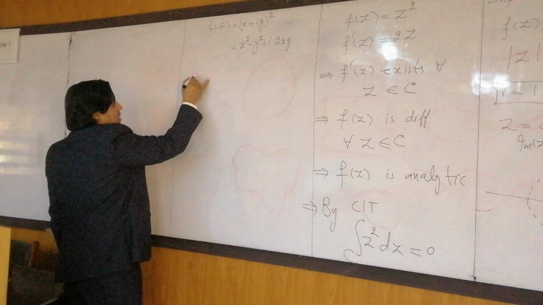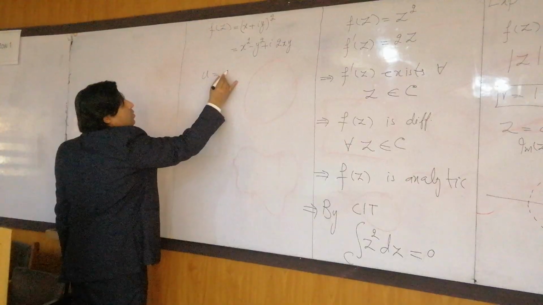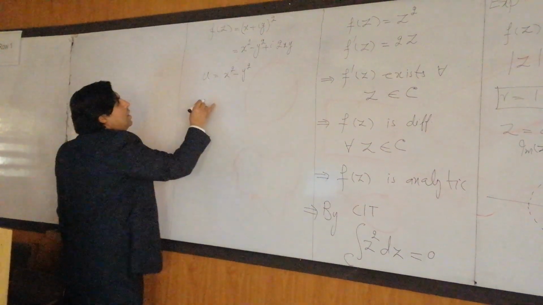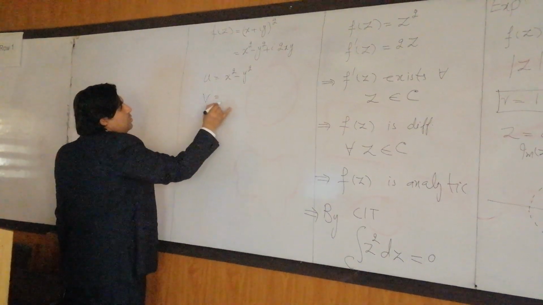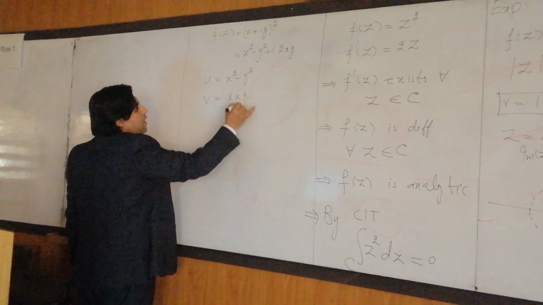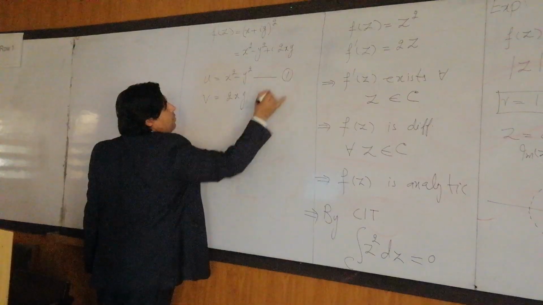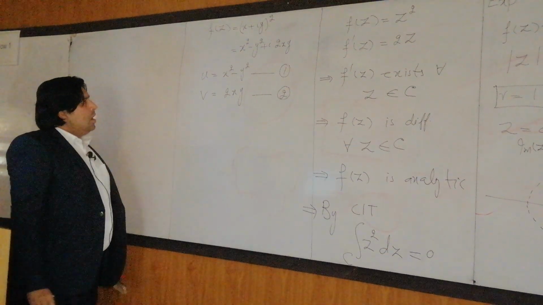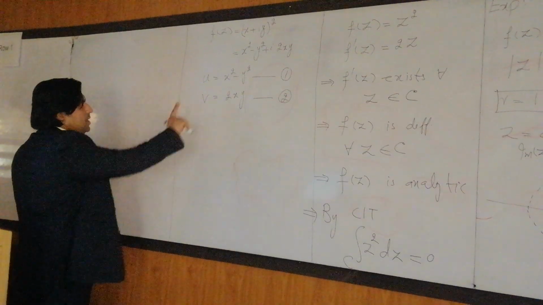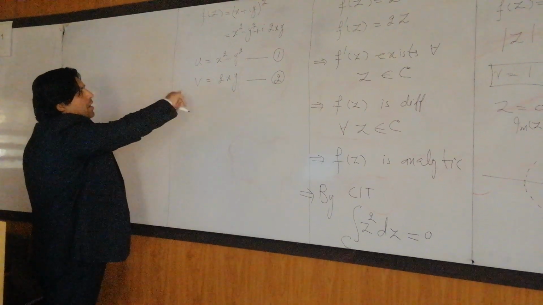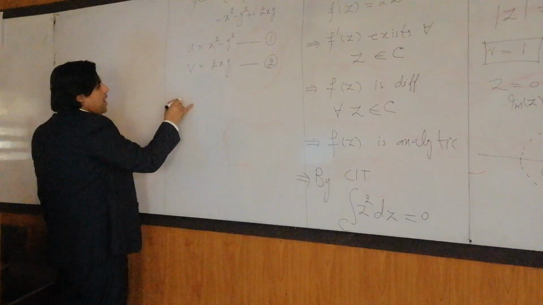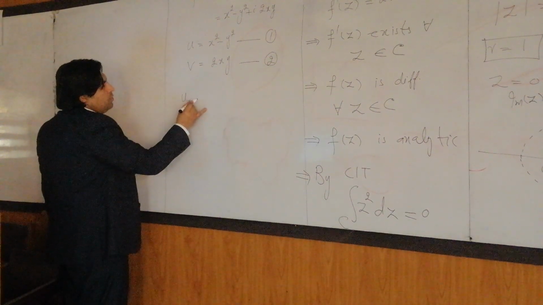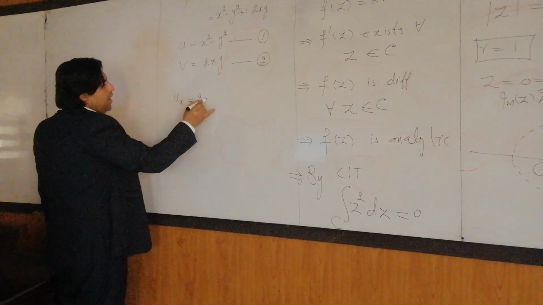In this case, u is equal to x square minus y square and v is equal to 2xy. Let this be equation number 1 and this be equation number 2. Now to show that this curve satisfies the CR equations, we have to find the partial differentiation of u with respect to x, which is equal to 2x.